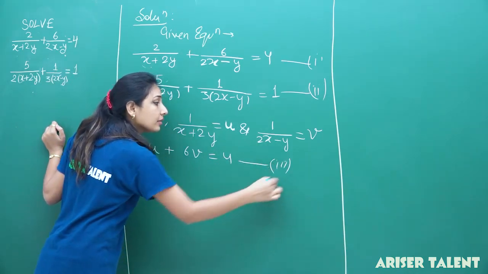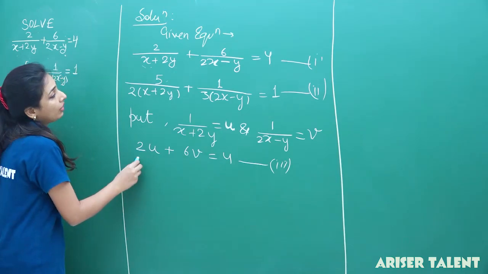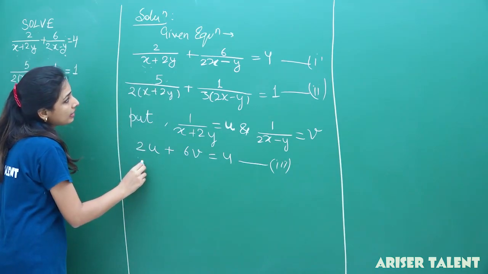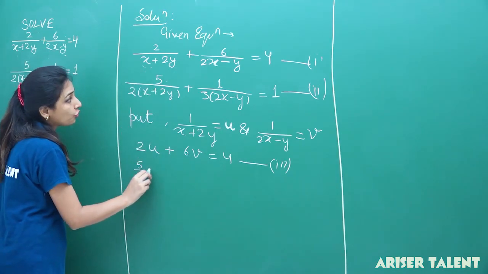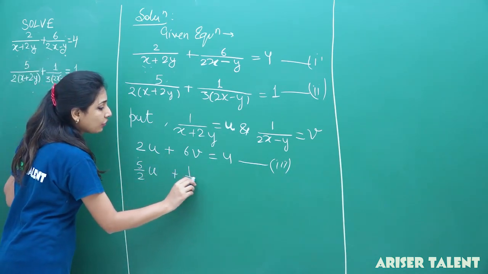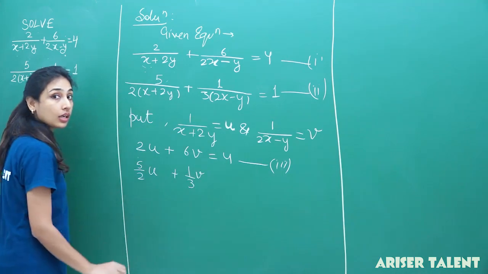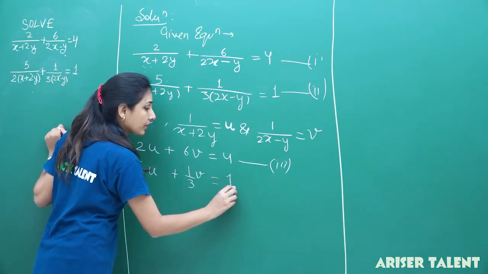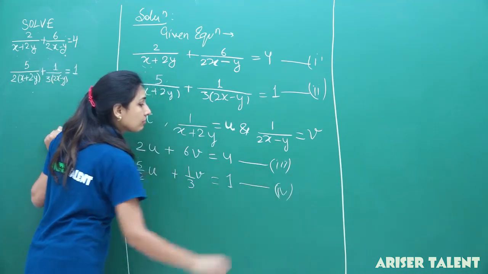Now this will be 5 by 2u plus 1 by 3v equals 1. This is the fourth equation.